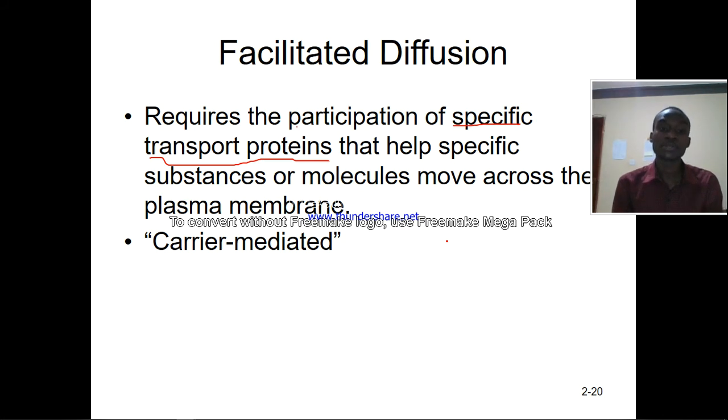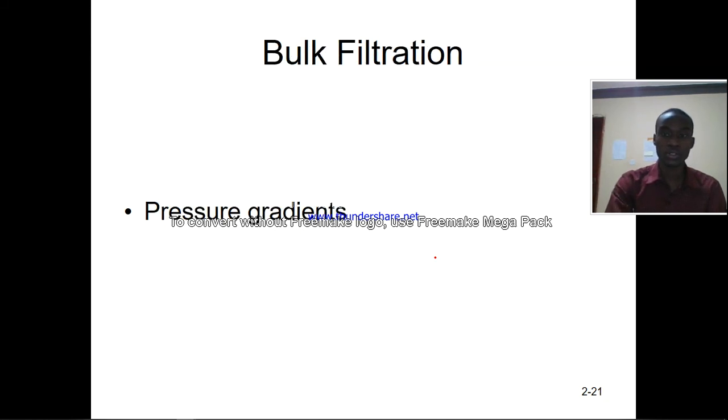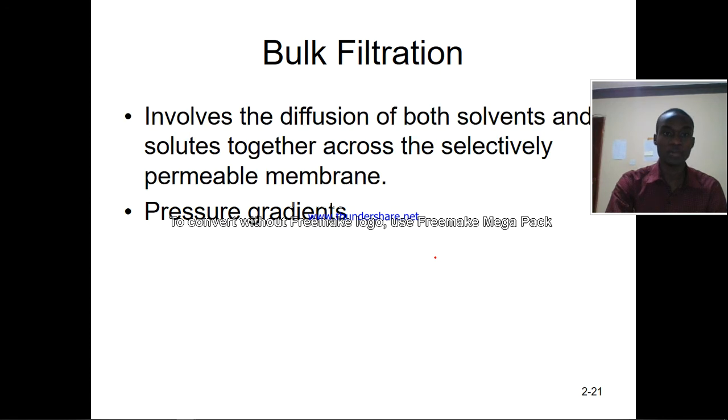So they are specified to transport specific molecules across the plasma membrane without the need of utilizing ATP. We can also have an example of facilitated diffusion as carrier-mediated transportation of molecules along the plasma membrane.